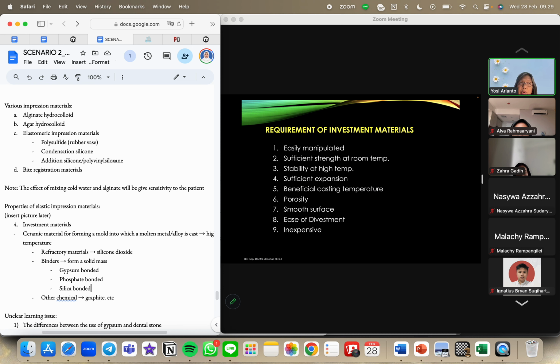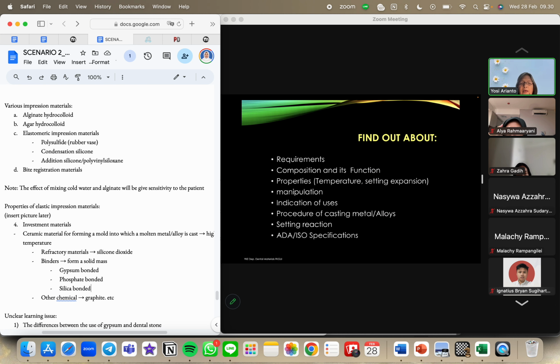Easy to break down after the casting procedure, and it is non-expensive. Yeah, so for this one you have to find out more about the requirement, the composition, properties, manipulation, etc.